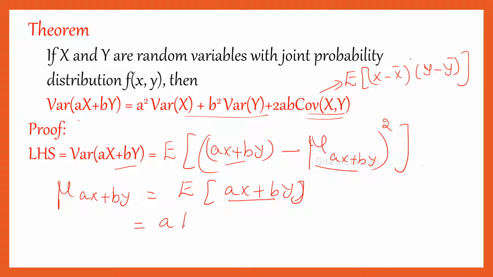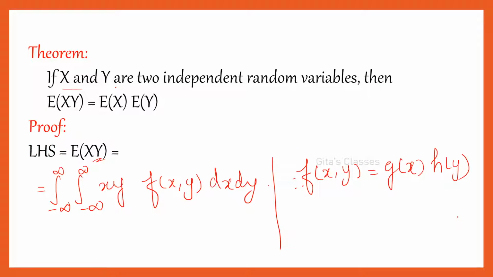Just now we have proved this in the first theorem. So a into E of x plus b into E of y, or for our convenience I'll write it as a into mu x plus b into mu y. Just substitute in this equation.